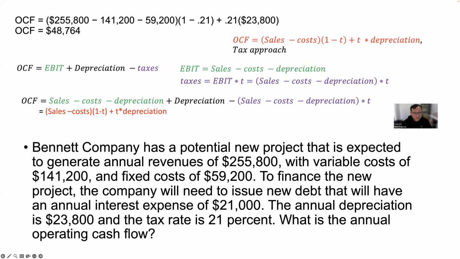So that's 59,200, and you times 1 minus the tax rate, 1 minus 0.21, plus T, which is 0.21 or 21%, times depreciation, 23,800. So your operating cash flow is 48,764.